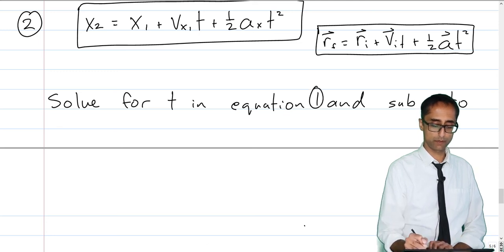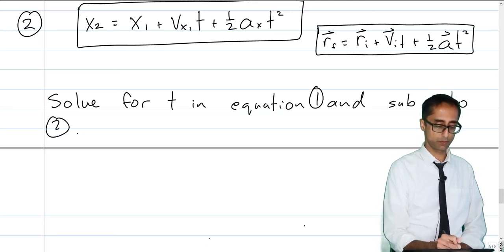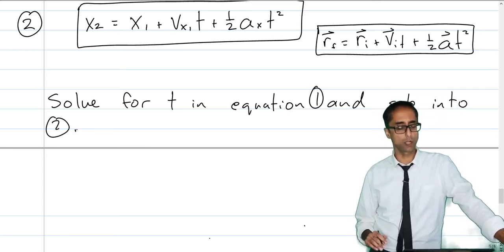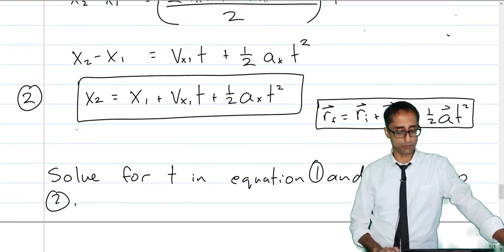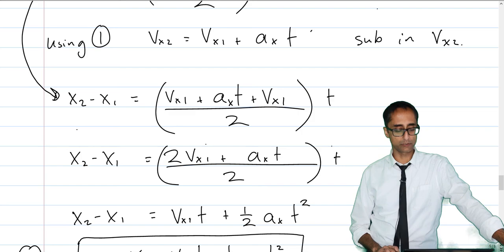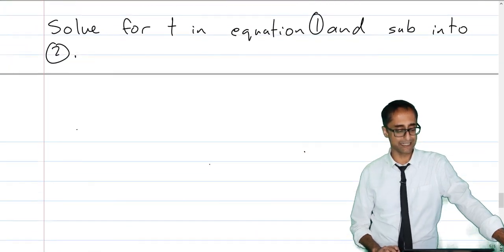So equation 1 and sub into equation 2. And then we will solve for, I think, the final velocity in that one. Okay, so let's grab equation 1. Where did it go? It's just Vx2 equals Vx1 plus axt.